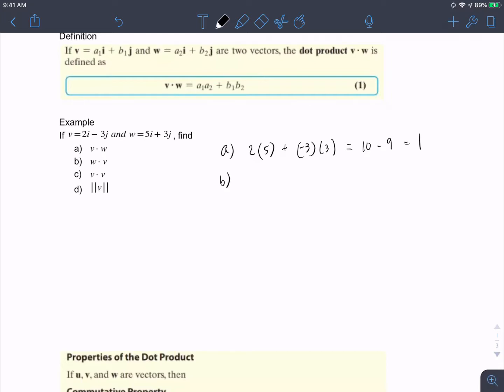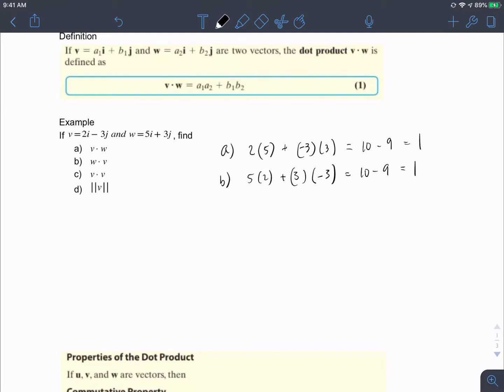All right, so B, now it's going to be the dot product of w times v. And what we're going to see is that we're going to get 5 times 2 plus 3 times a negative 3. And that's going to give us 10 minus 9, which is equal to 1.